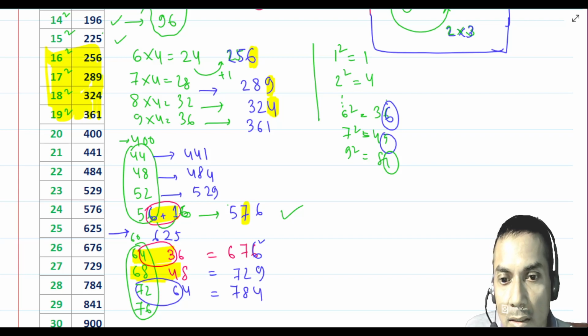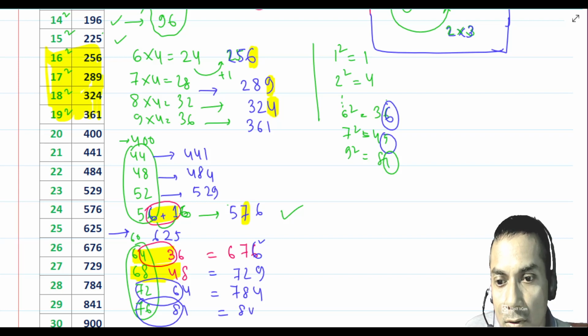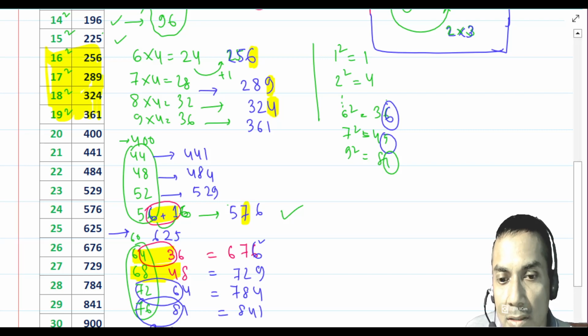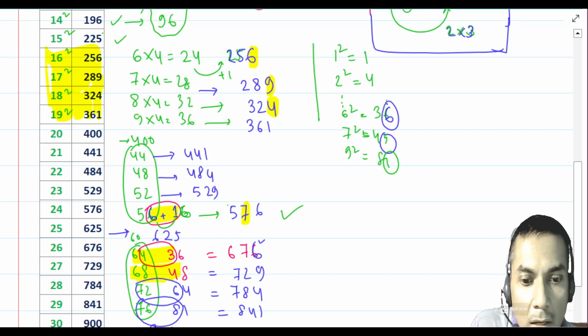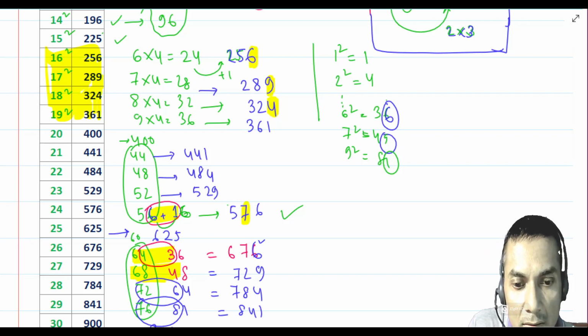Here 76, and 9 square 81. So 76 plus 8, how much? It is 84. So 841. But for 30 it is 900. It is easy to find out. Up to this, hope it is clear to everyone.